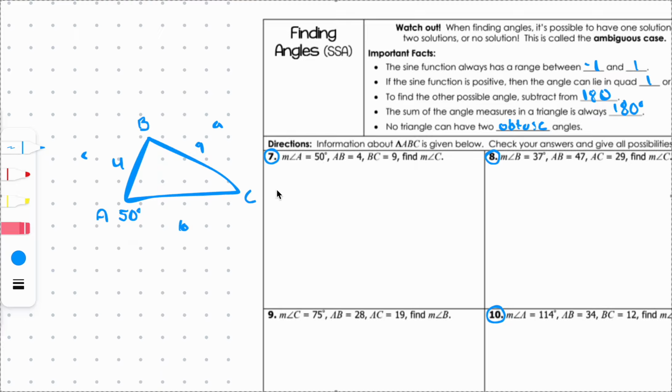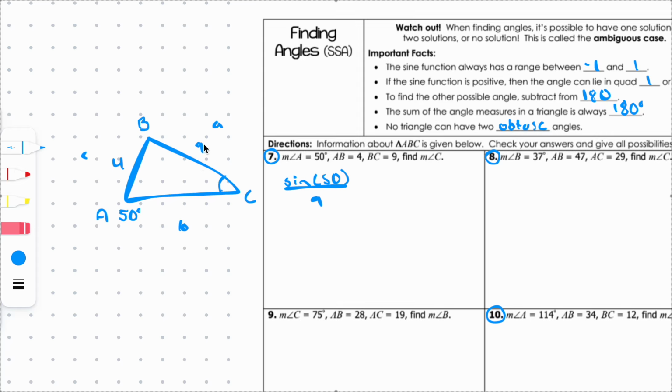So now let's set up a law of sines so that we can find the measure of angle C, which is this angle. I realize that we have this angle A and this side little b across from one another, so I'm going to set up a proportion where I have sine of 50 degrees over 9, right?